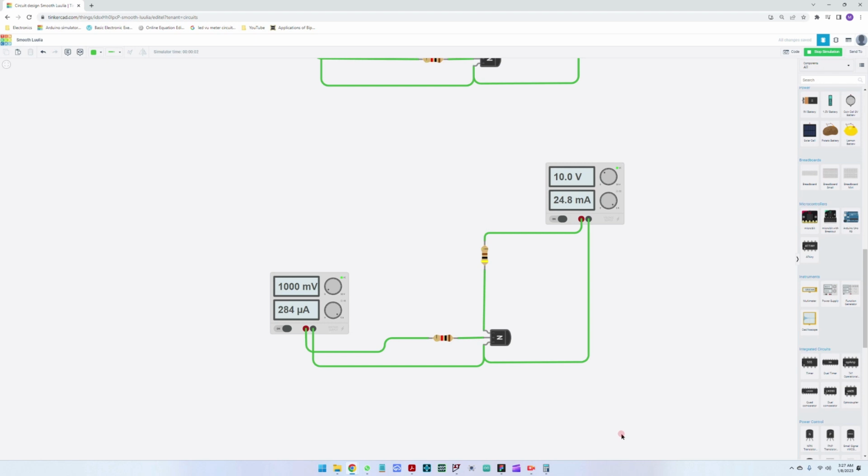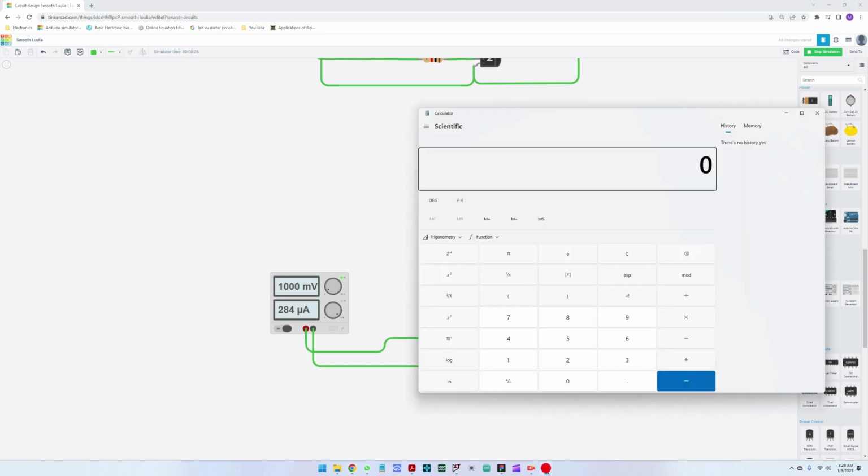Okay, so we can observe now that we are supplying 1 volt to this transistor, and this transistor is pulling 284 microamps and has a collector emitter current of 24.8 milliamps.